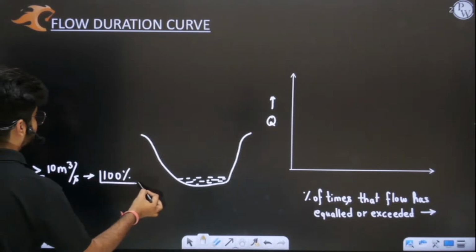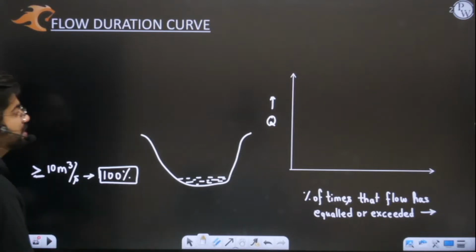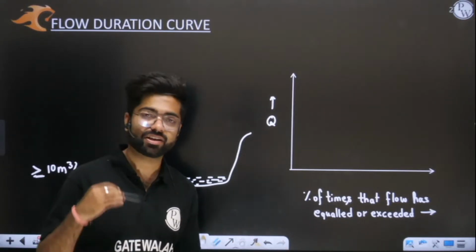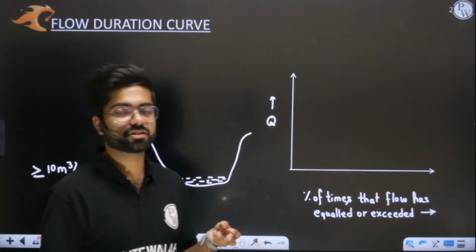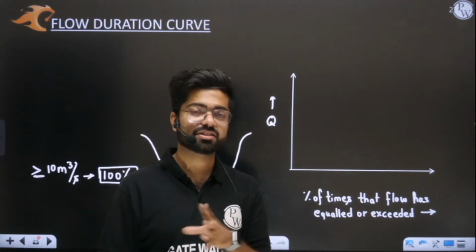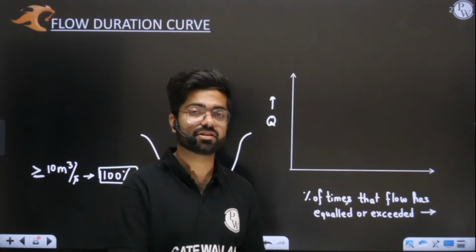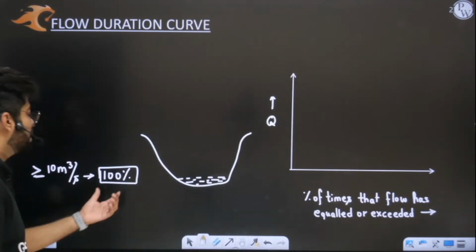That is 100%. That means throughout the year, whenever you visit this river, you will see at least 10 meter cube per second discharge is there. So this has 100% probability.